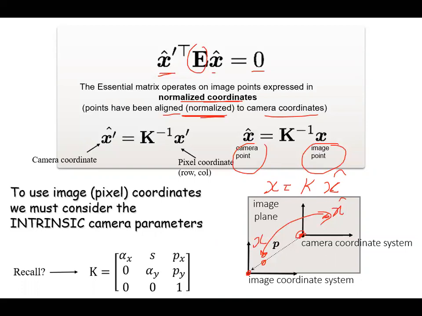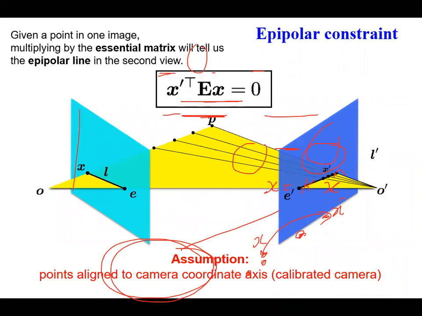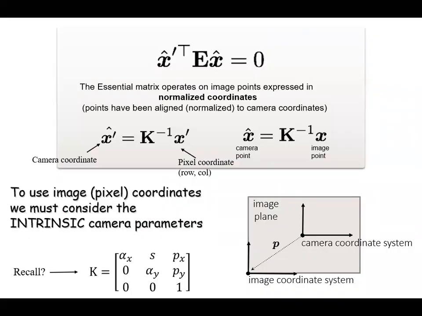The intrinsic parameters, do you remember the K? Going the other way, X cap will equal K inverse X, correct? If I work with the left image, for instance, I would like a relation between my image plane and my center of projection, or the camera. So I have to work with the K matrix. To get the camera point, it would be just K inverse multiplied by the image point. So now I have the relation between the image point and the camera point.